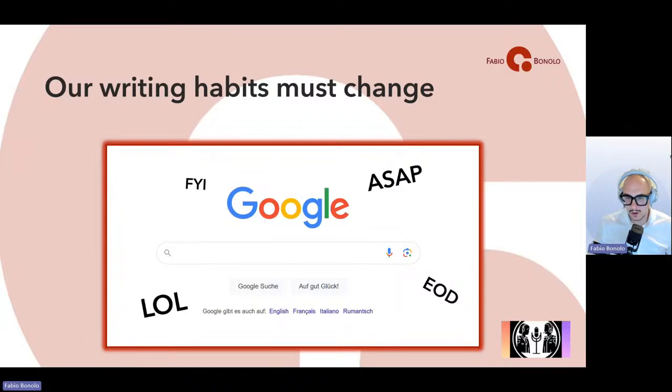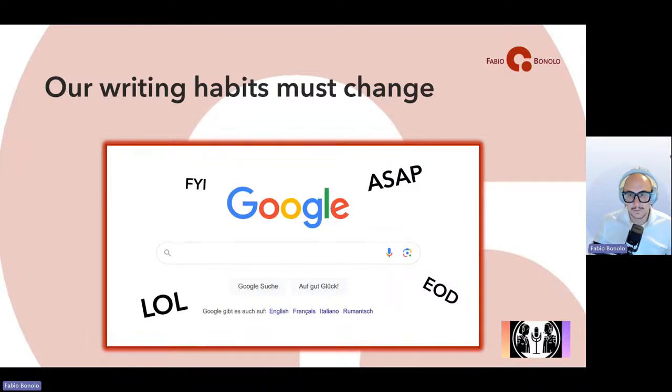And what's also my experience is that in the business world, we often use acronyms. For example, LOL, laugh out loud, FYI for your information, ASAP for as soon as possible, or EOD for end of day.